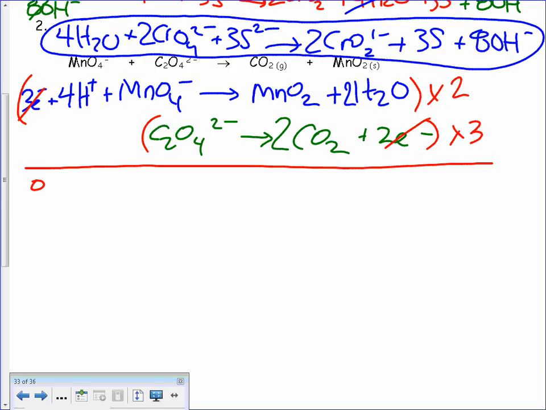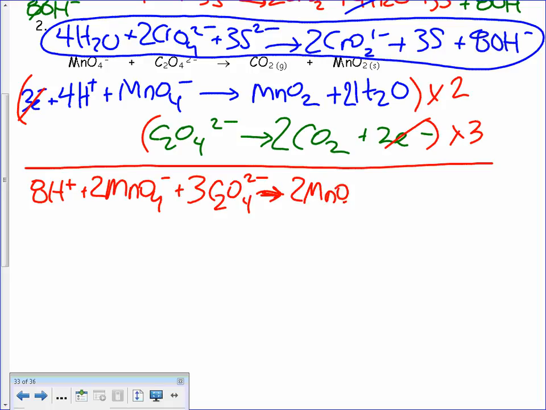Okay, 8 H pluses, plus 2 permanganates, plus 3 oxalates, yields 2 MnO2s, plus 4 waters, plus 6 carbon dioxides, and we're good.